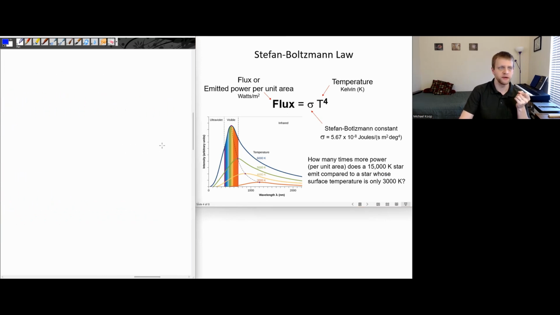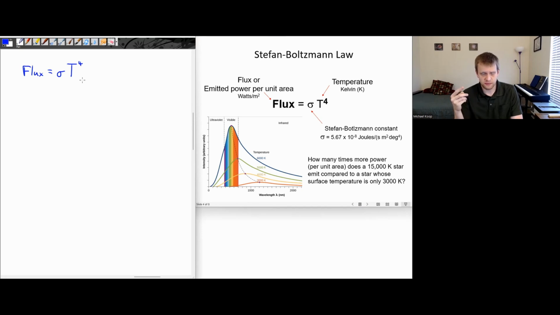So let's set this up and see how we would approach this question. We're being asked about power output per unit area, and that's flux. So we're going to be using the Stefan-Boltzmann law. I'd recommend you write that down to begin with: the flux equals that weird little symbol, times temperature to the power of 4. And we're comparing two cases. Remember, when we're doing these comparison style questions, we want our new case compared to some reference case.